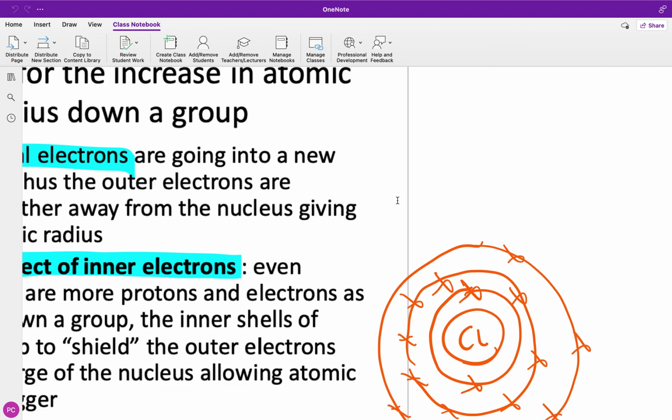Chlorine has 17 protons, so that means it has 17 positives in the middle, and that hangs on to those 17 negatives all going around the outside. What this screening effect means is that all these positives in here are going to have a much greater effect on the inner electrons than they are on these electrons out here, because they're further away.